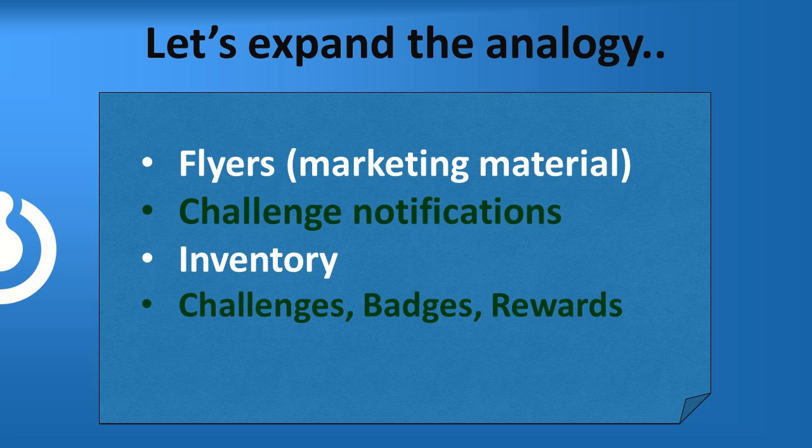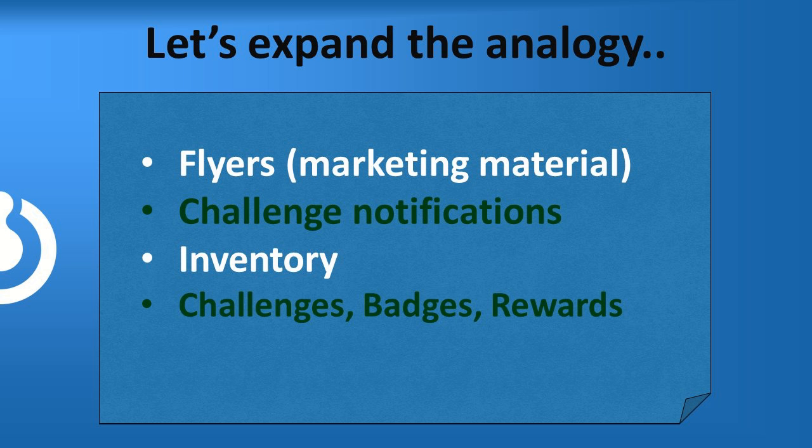And so then what is your inventory? What is your clothing line? What is your Christmas mug? That is your challenges, your badges, your rewards. So when you're theming your hub, you don't want just to have one or two challenges that are Christmas related. That's good. But rather you should have some seasonally appropriate everything.